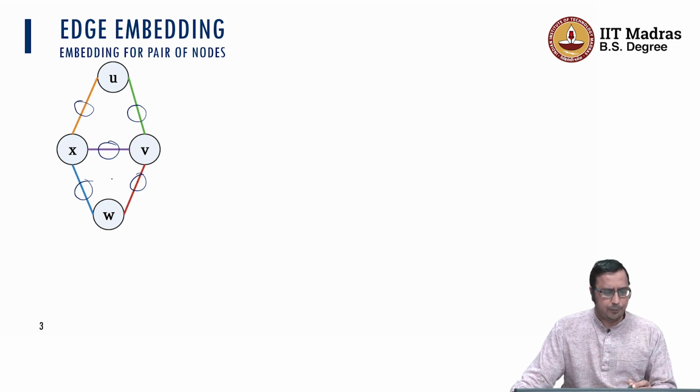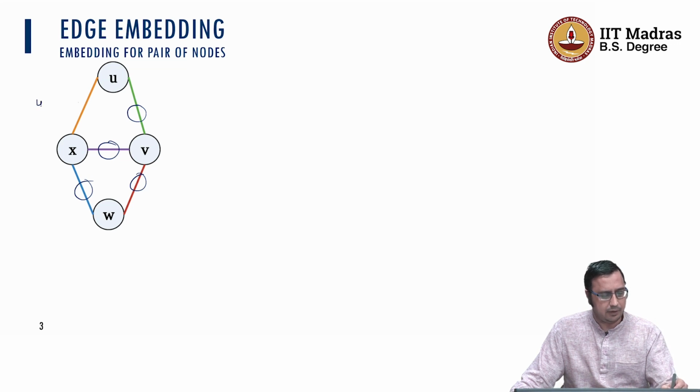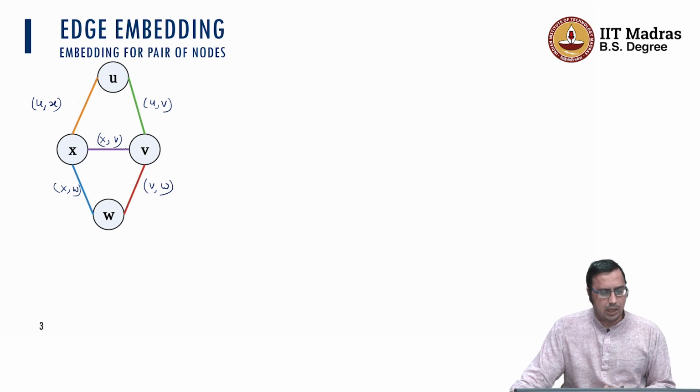In other words, each edge is typically represented by an interaction between U and X, or U and V, or V and W, X and W, and X and V. So for each edge, there are two nodes playing roles.